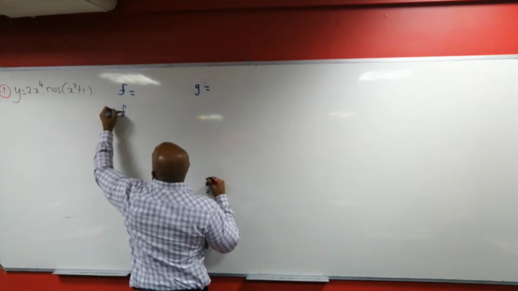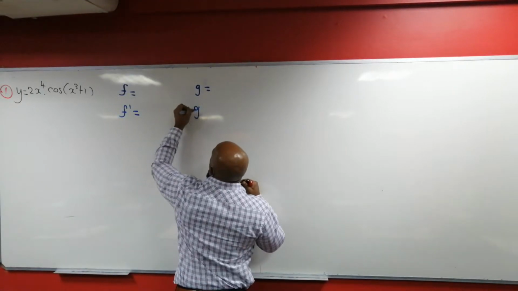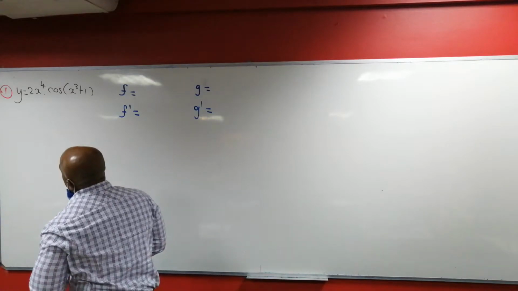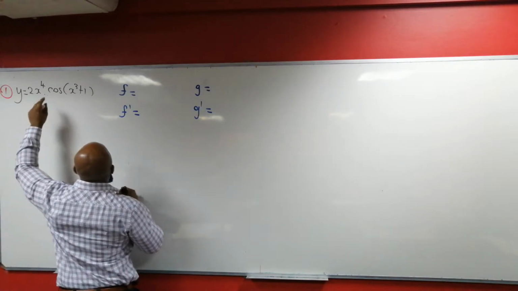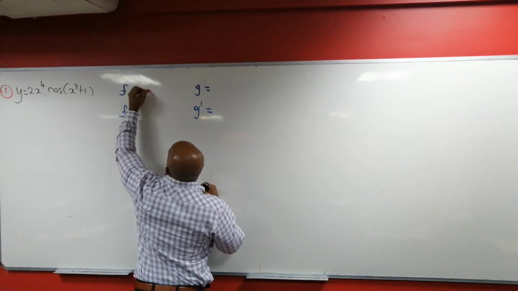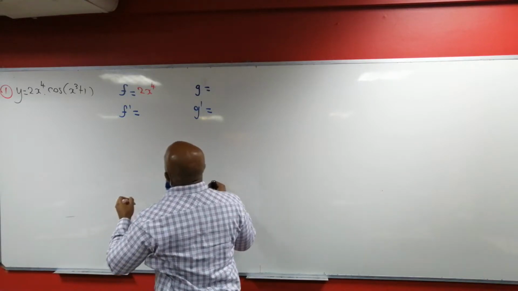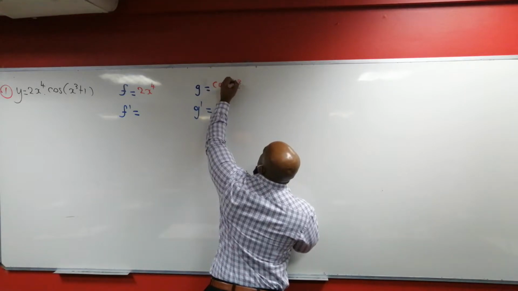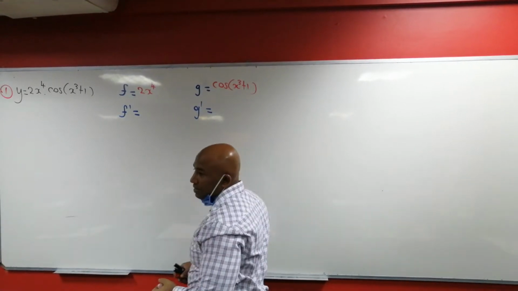Then you can work out your f prime and your g prime. So you can identify f as the first factor there, which is 2x to the power 4, and then g is cos of x cubed plus 1.